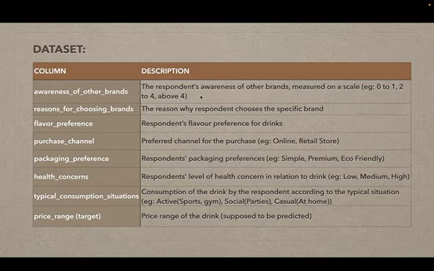Next is the respondent's awareness of the brand measured on a scale, the reason why the respondent chooses the specific brand, the respondent's flavor preference for the drink, preferred channel for the purchase, the respondent's packaging preferences, the respondent's level of health concern in relation to the drink, consumption of the drink by the respondent according to the typical situation, and the price range of the drink.